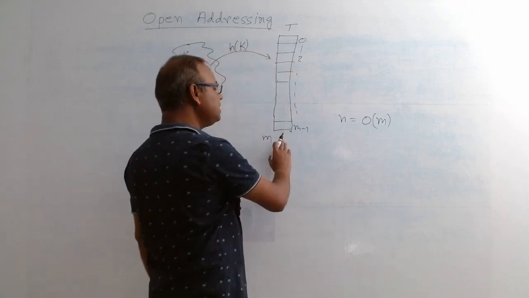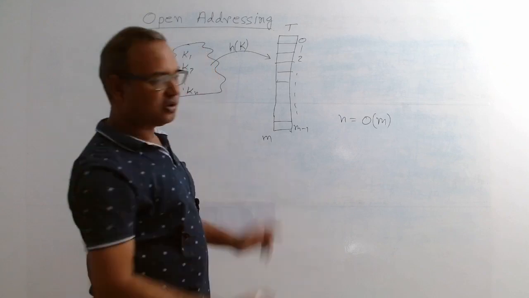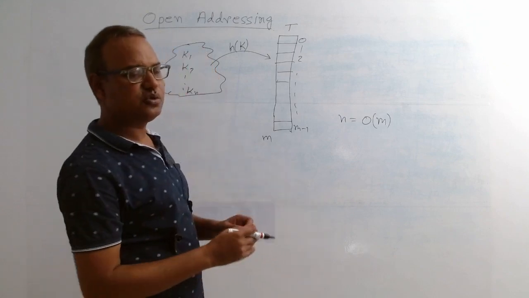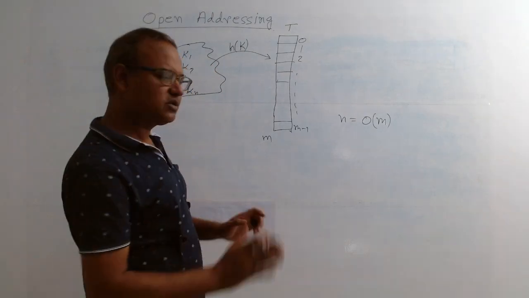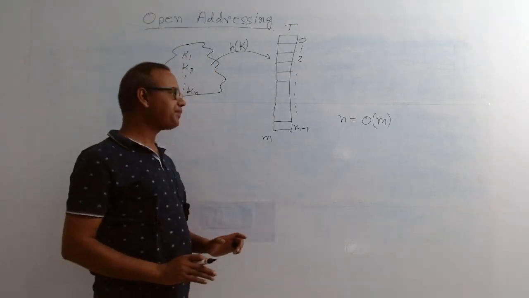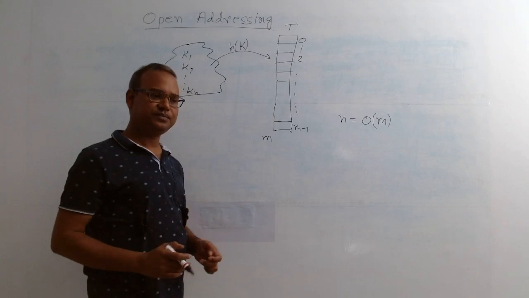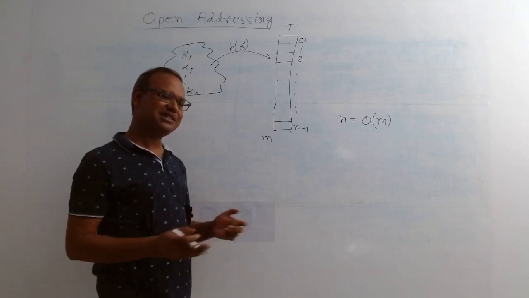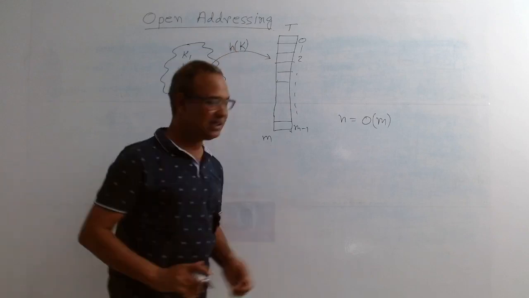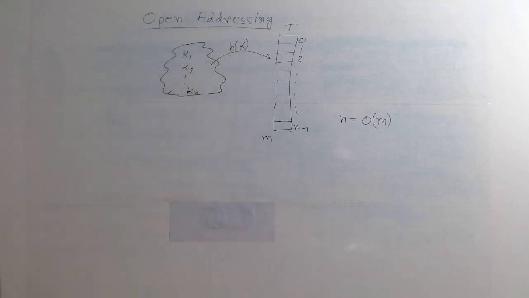Now, if m is not too large, let's say m equal to 2n, or 1.5n, that is quite good, but there will be collision, because we have the birthday paradox. Birthday paradox says there will be collision. Now, how to handle this collision?